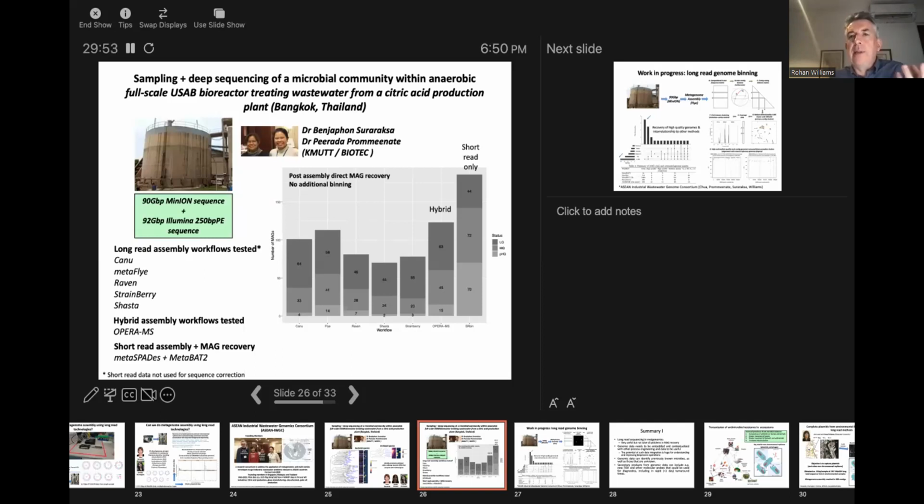So again, this is a plot that breaks down, for different kinds of metagenome assemblers or assembly workflows and data types, the number of high-quality genomes we're getting, which is not very much. 15 high-quality genomes if we use a mix of short-read and long-read data. The best result from long-read data alone is 14 genomes. But if we look at the short-read data, we capture like 70 high-quality genomes.